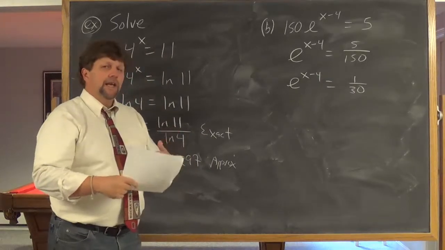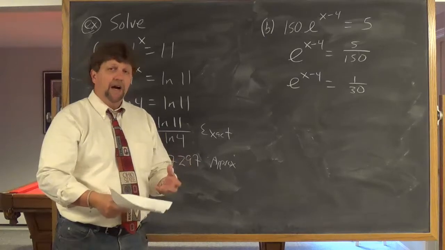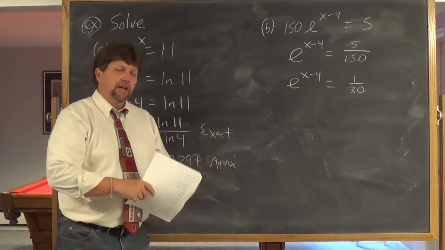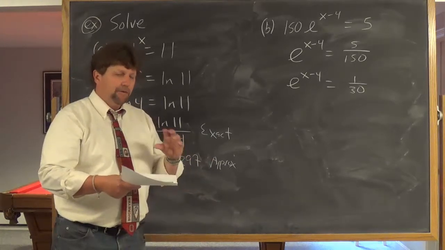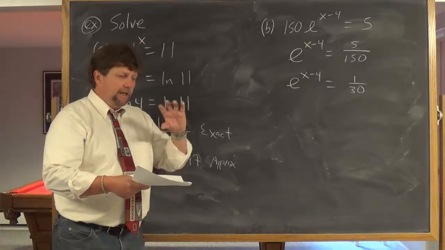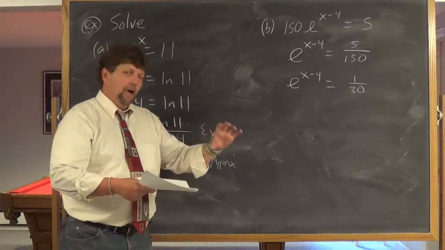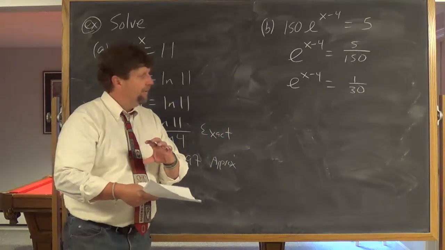Okay, now some would say, oh hey, let's take the natural log of each side of the equation, which is fine, you could do that. But do you remember back in last week's video and the homework you did last week? I made a big deal about being able to write an exponential equation in logarithmic form and a logarithmic equation back into its corresponding exponential form.